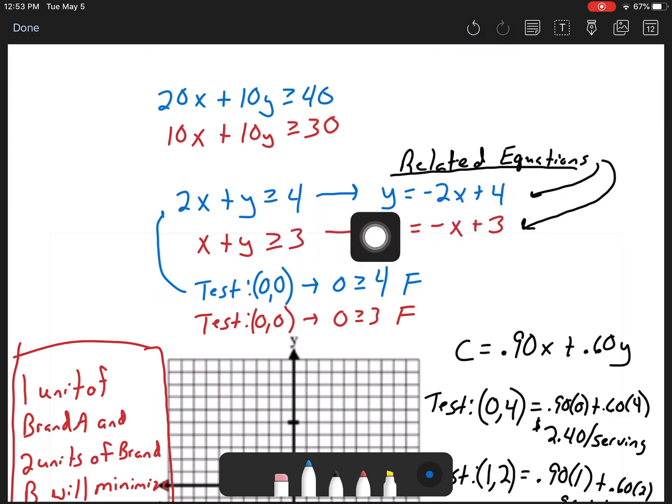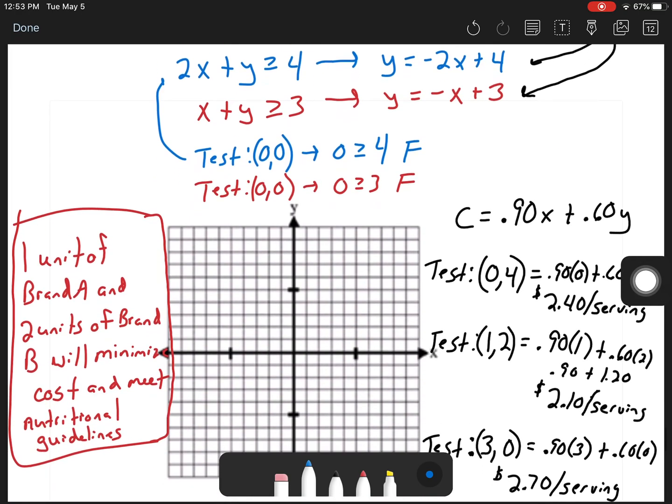And then also, I am going to look at the related equation now, because I want to graph these. So just like what I did before, I just solved for y, so I'm subtracting the 2x over, making it negative 2x plus 4. And then here, I'm subtracting the x over as well, and I get this equation. Now let's graph those real quick down here.